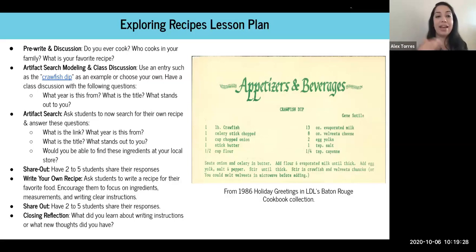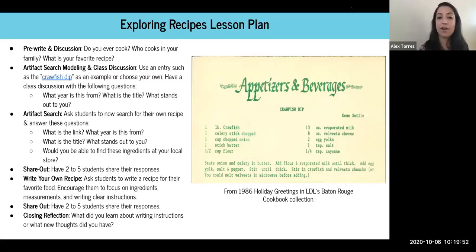While you do that, you can pull up this crawfish dip example that's in a Baton Rouge cookbook collection there. So you ask your students what stands out from this recipe, what's the title, and then after you model that process, you would ask them to find an artifact of their own.